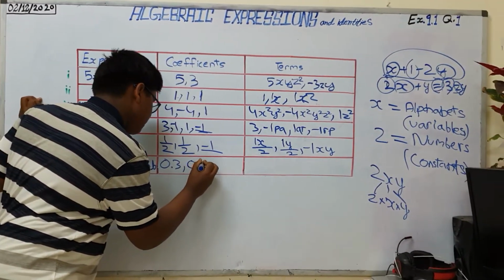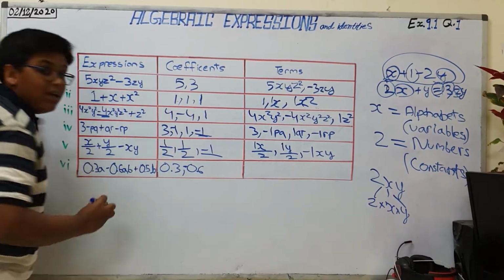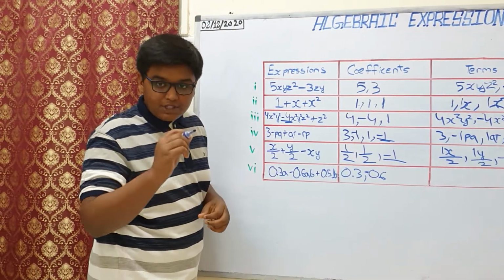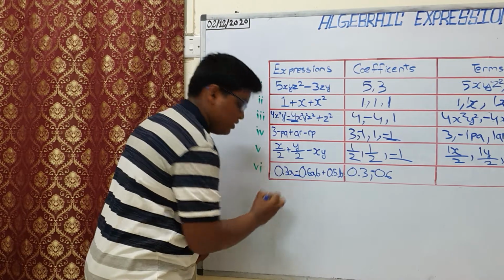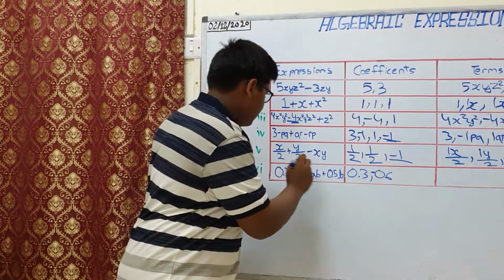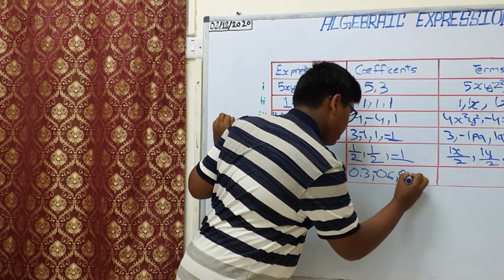So this will be 0.6 as it is, then minus 0.6. Keep great concentration on these negative signs. This could be very harmful for the answers. Then plus 0.5, the last one.